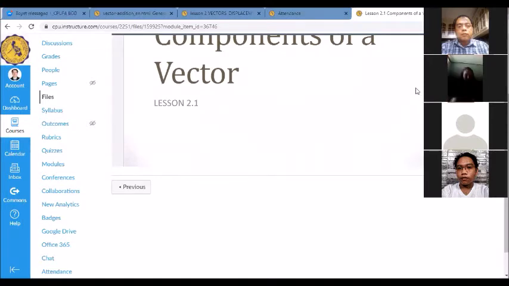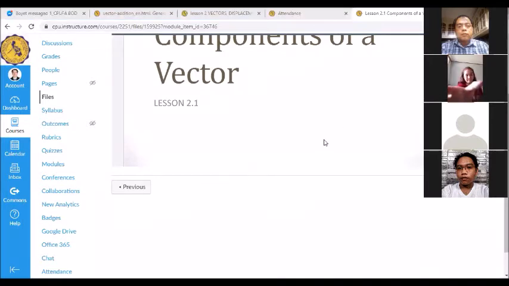We call this basically as components of a vector. And I will say that the components of a vector, there are two. I will call the first one the horizontal component.